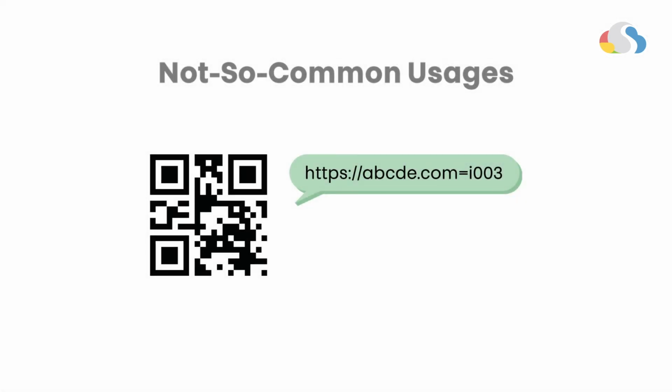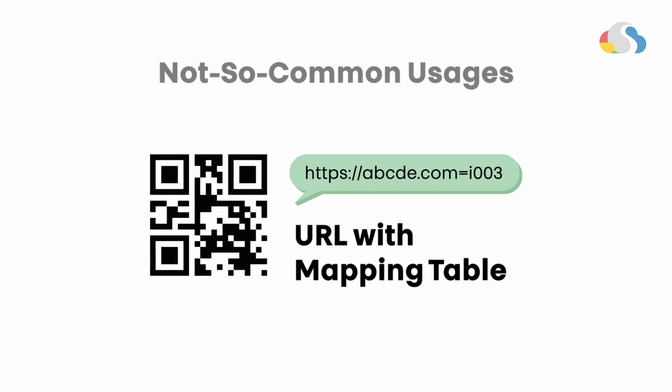Now, from our perspective, we then take that URL and convert it to an item code. So in this example, we call it a mapping table. If the QR code gives me a URL that says abcde.com, in my system, I will straight away recognize that abcde.com equals I003. Right, so that's one not so common usage.